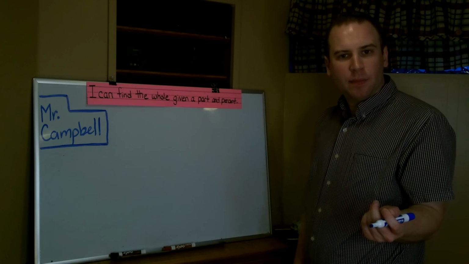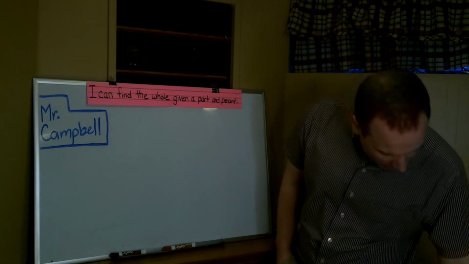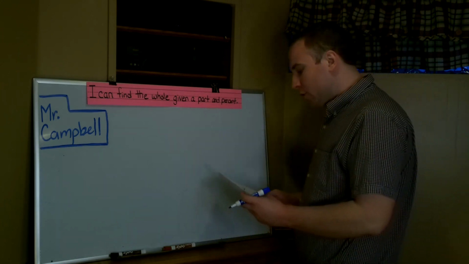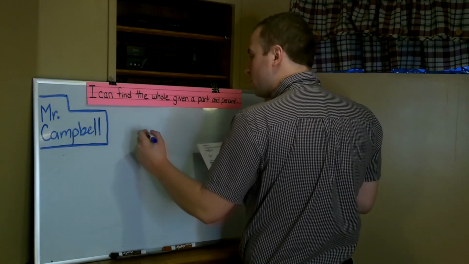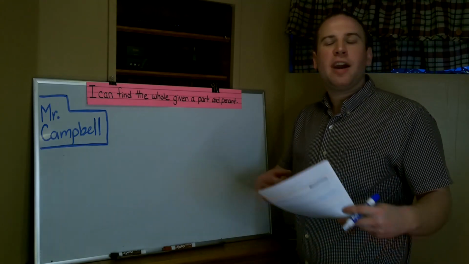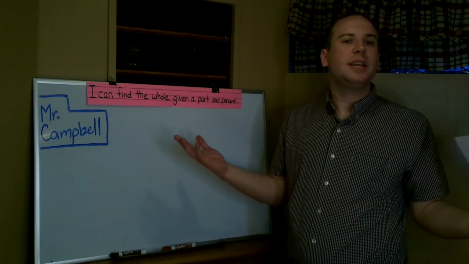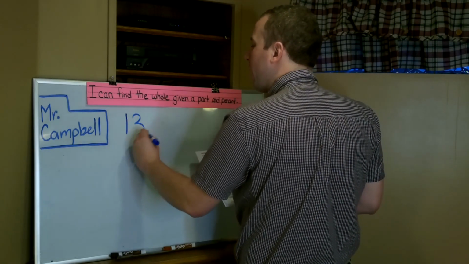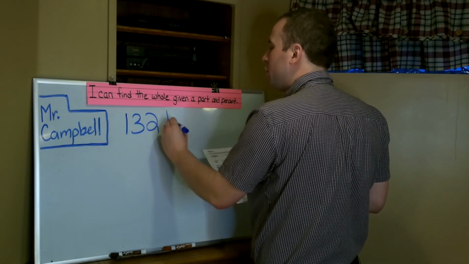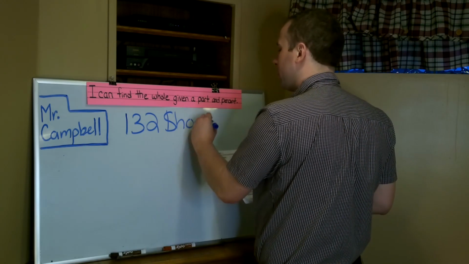Let's say we are shopping, and we went to a shoe store. Because they have product in front, but they also have product in the back, let's say that there are out in the front 132 shoes.